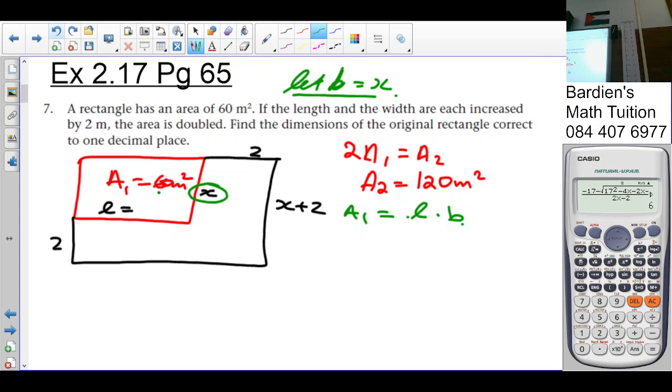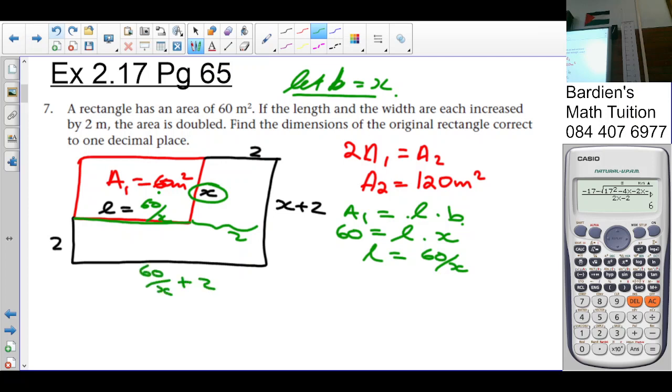The area of the first piece is 60. 60 is equal to length, which is L, times breadth, which is x. So L is equal to 60 over x. You all see that, people? 60 over x. So if this length is 60 over x, and this here is 2, then what is the total length here? 60 over x plus 2.